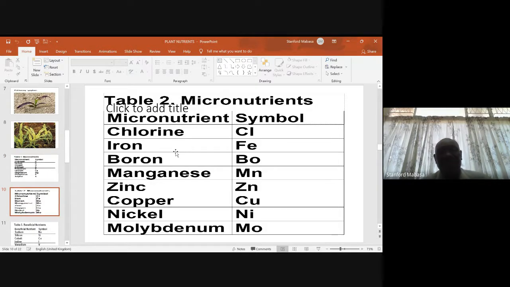Micronutrients, we've got chlorine, iron, boron, manganese, zinc, copper, nickel, molybdenum.